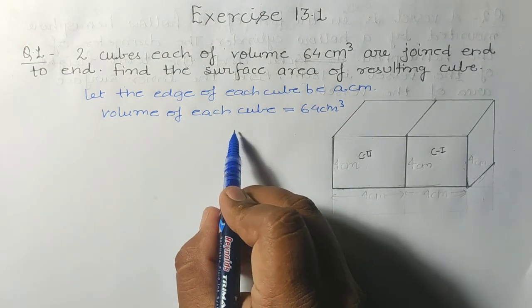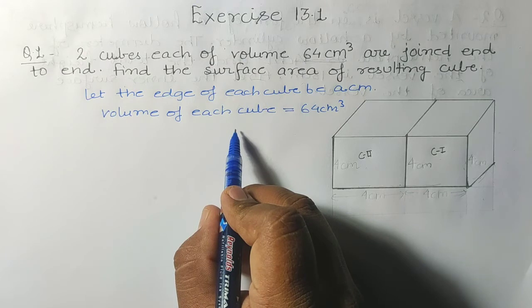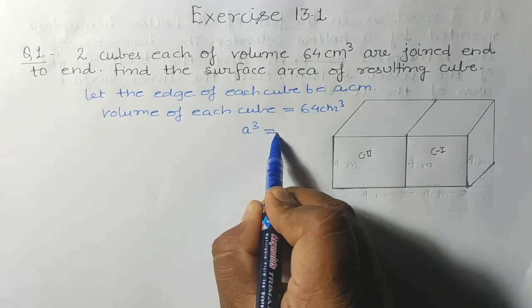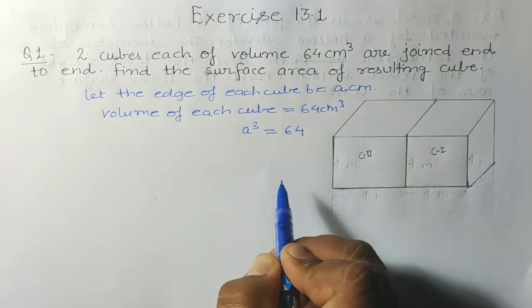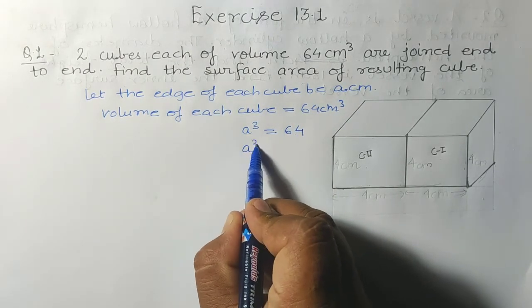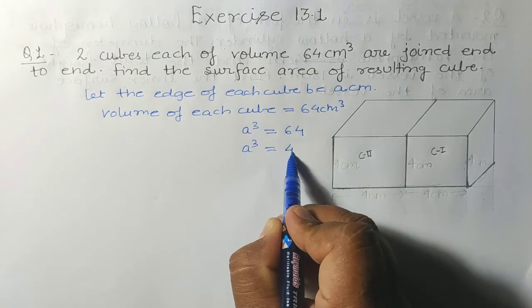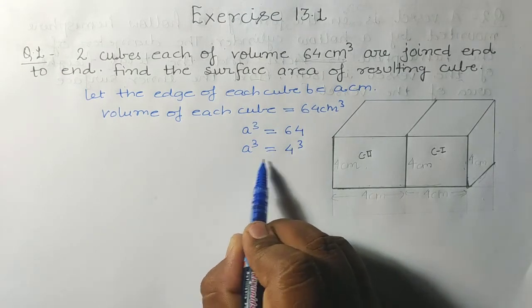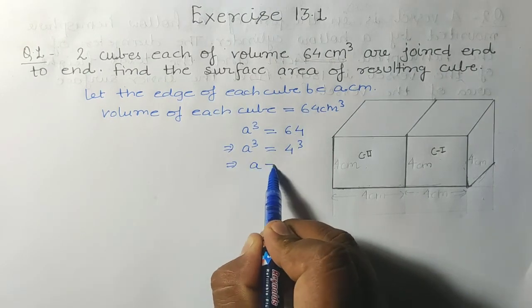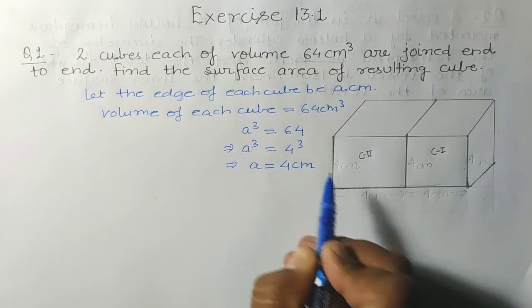We know that the formula of volume of a cube is a cube. So a cube is equal to 64. What will be the value of a? A cube is equal to 64 can be written as 4 cube. So when you take the cube root, the value of a will be 4 centimeter.